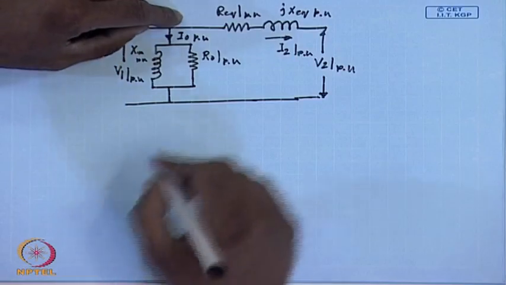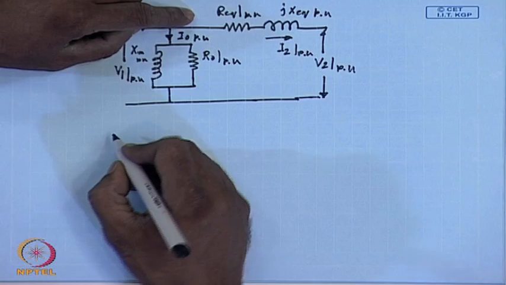Now, if I want to find out for the same transformer what will be the efficiency, let us say at 50% of the load. First, let us find out what will be the efficiency at 100% of the load. At 100% of the load, the transformer kVA rating is 4 kVA.